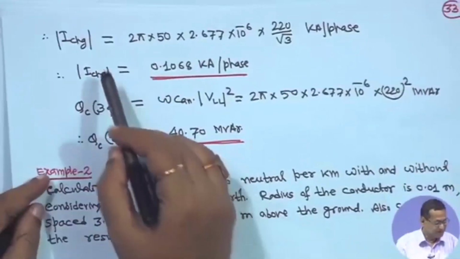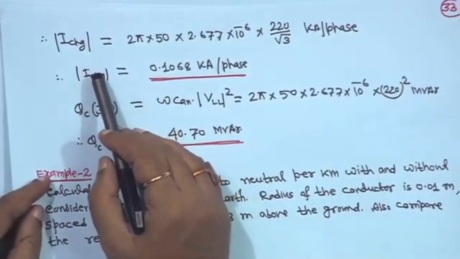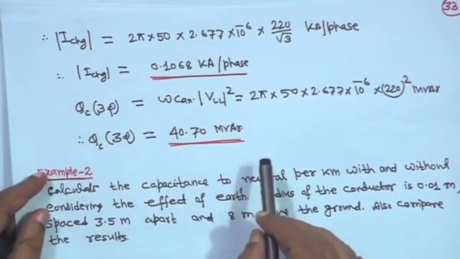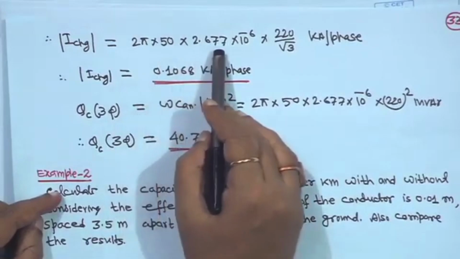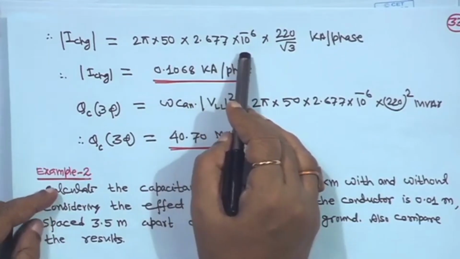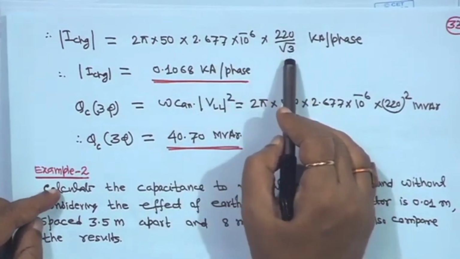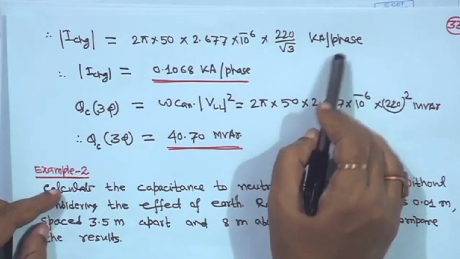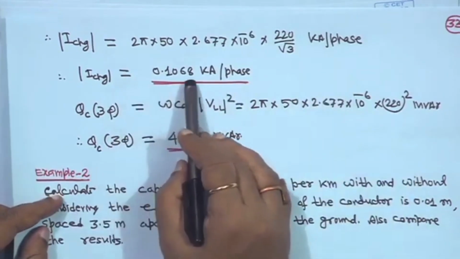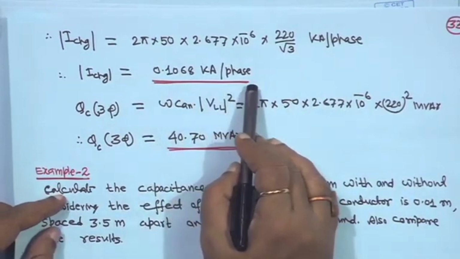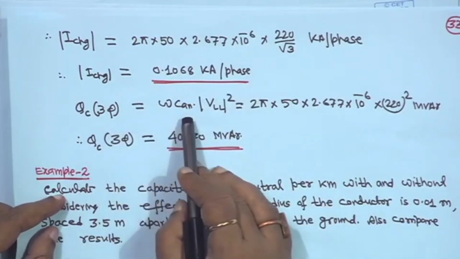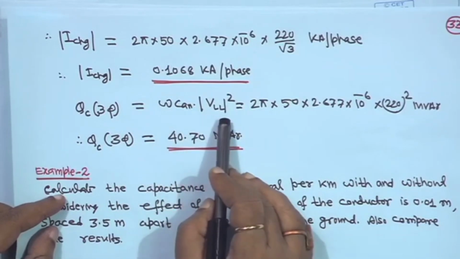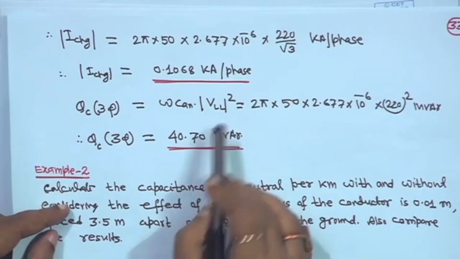The magnitude of charging current here is equal to 2 pi f into 2.677 into 10 to the power minus 6 into 220 by root 3 kiloampere per phase. That is, the charging current will be 0.1068 kiloampere per phase. Now, QC three phase is equal to omega CN into V line to line voltage squared.